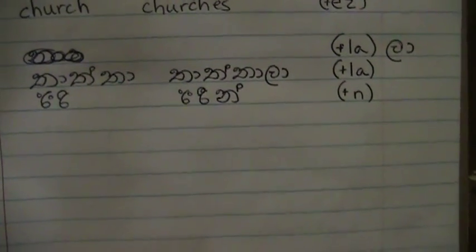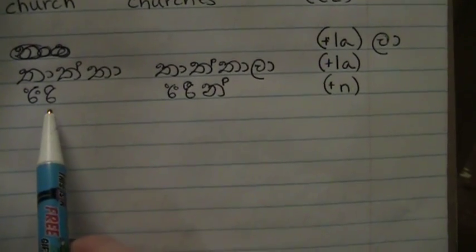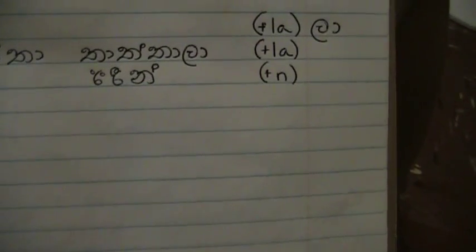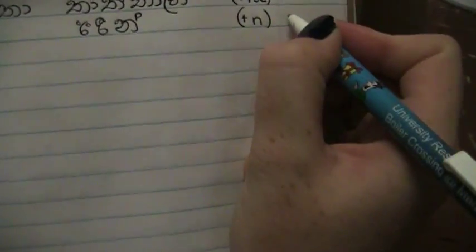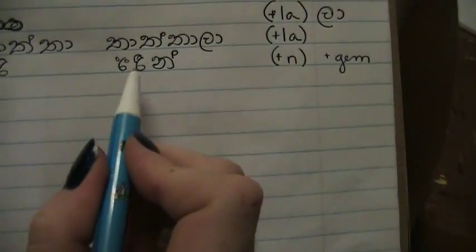So what happens here is the vowel in ri becomes lengthened, and then you add an in. So you add in, plus there's gemination, which basically just means you lengthen the vowel.